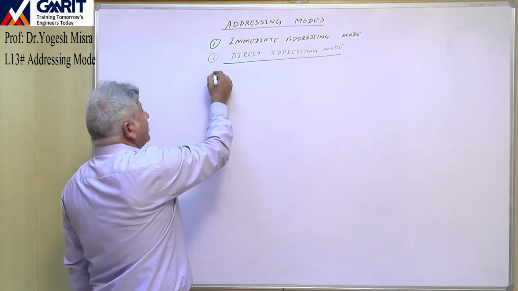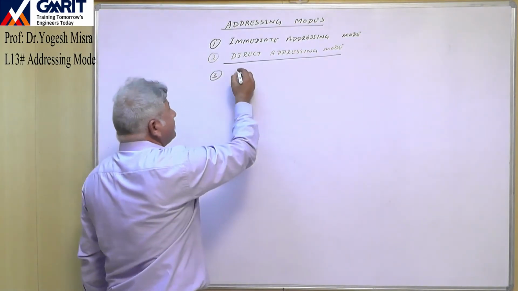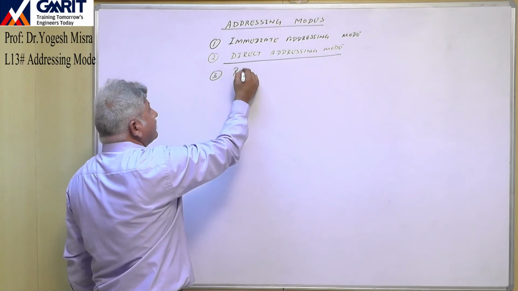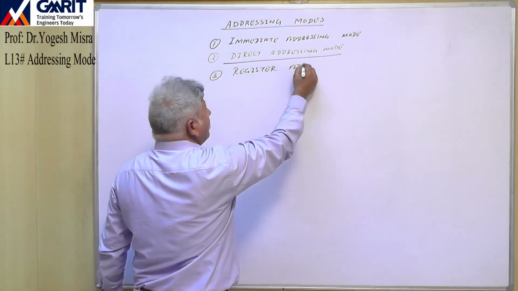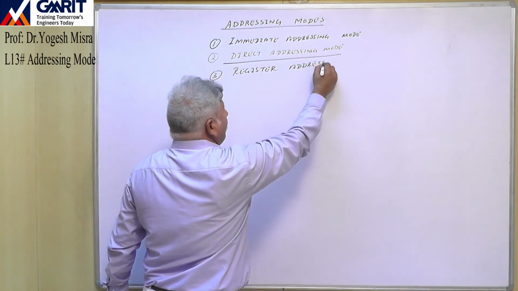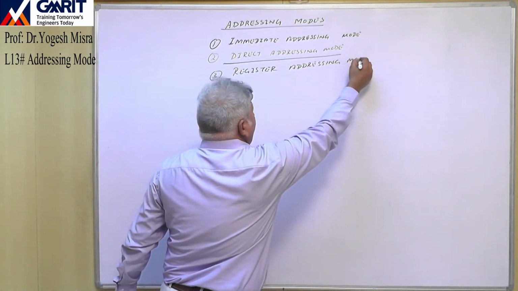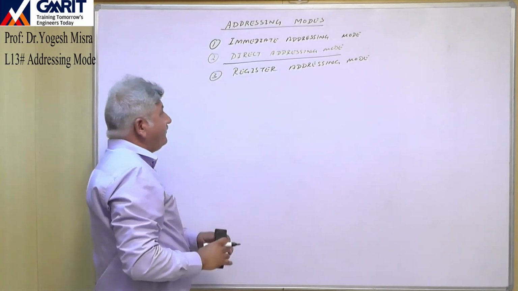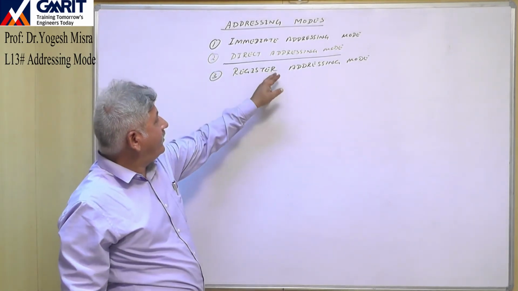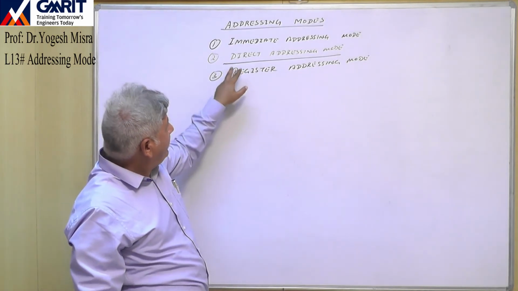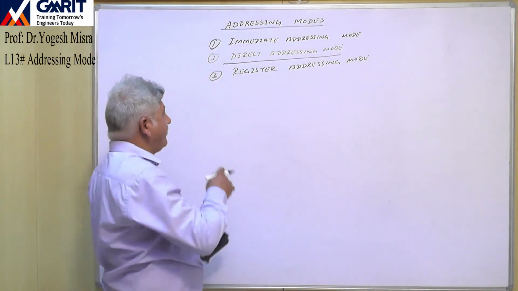Then the third addressing mode is register addressing mode. So here the data in the destination is stored in some register.